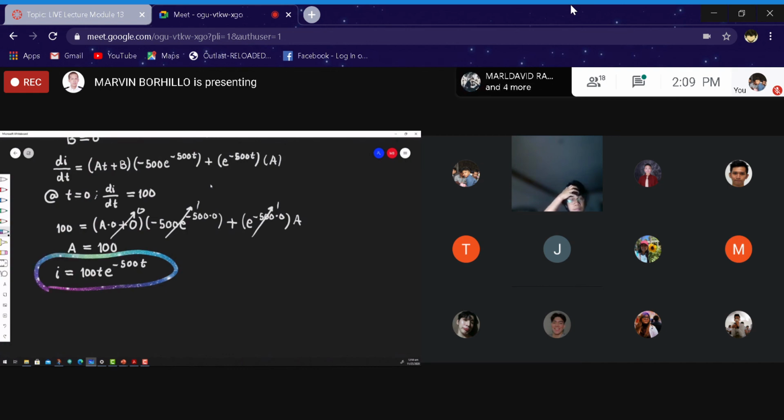Yan. Kaya lang napadali yung class kasi meron tayong t is equal to 0 at I is equal to 0. No? Kaya napadali. Kung number yon medyo mahaba-haba yan. Okay. At magkakaroon tayo ng hindi, yung roots natin is will be maybe complex or real but not equal.